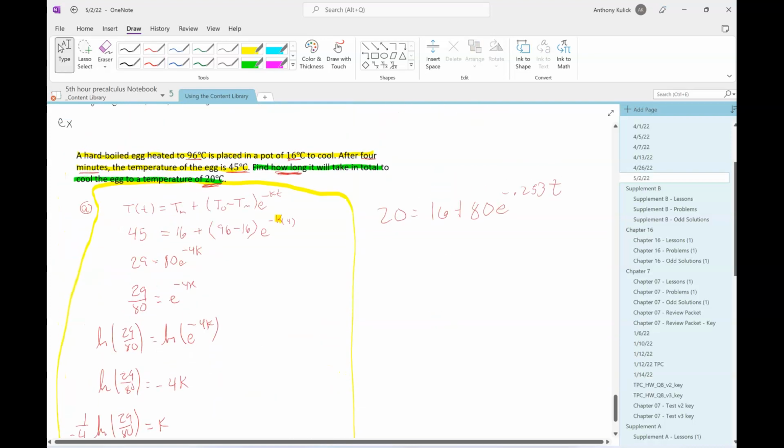All right. So solving for t, first thing I should do is minus the 16. Next thing I should do is divide by the 80. Next thing, natural log. Is this looking familiar, guys?